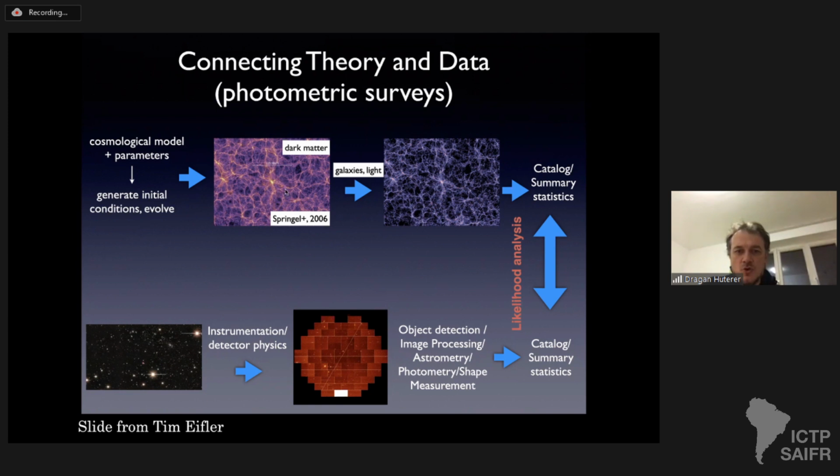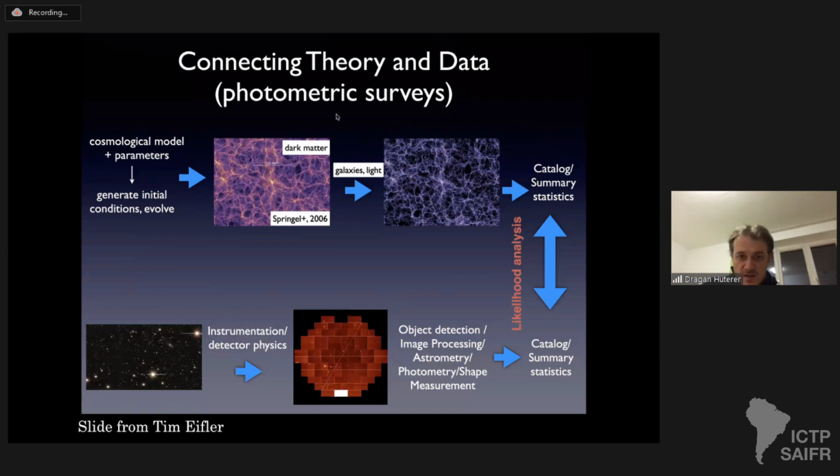Then you can not only have dark matter, but also add some galaxies to that simulation and calculate the power spectrum from it for a given cosmological model. On the other hand, you start from your observations, sky images, decompose them somehow, and measure the power spectrum of galaxies in your sky, and then you compare the two.